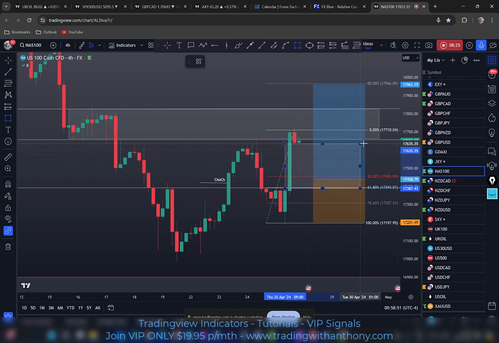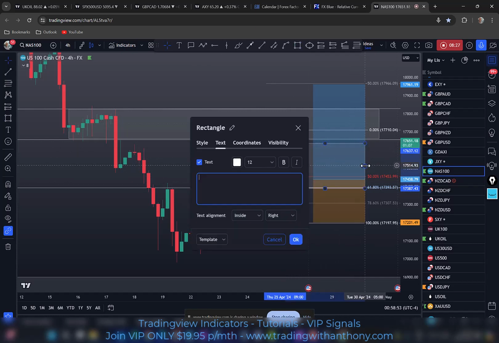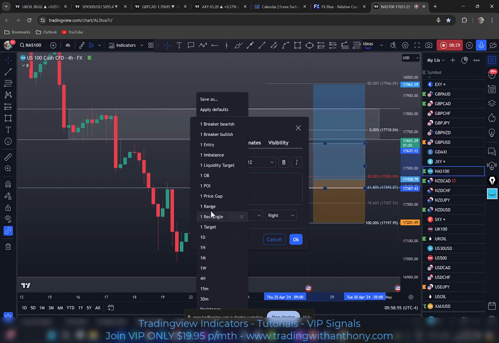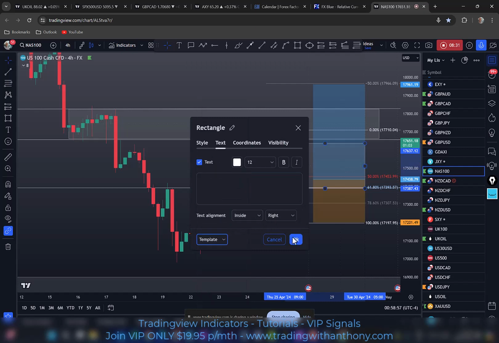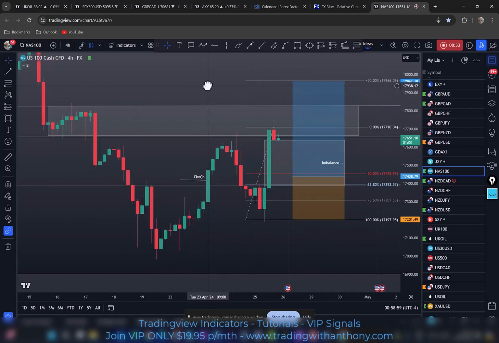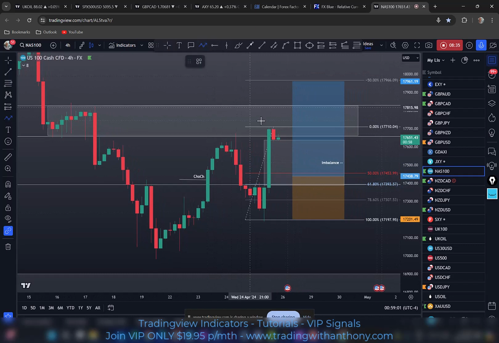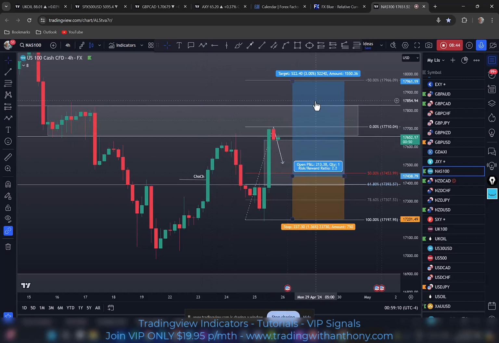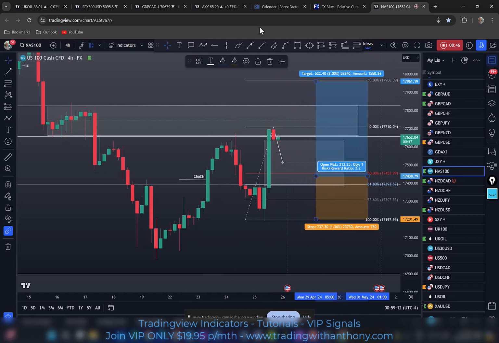This is a significant imbalance on the 4-hour time frame. So I think that will be targeted. And my logic tells me to gear up for that, at least 50% of the imbalance. All right, so that's one idea. I'll just put that aside.